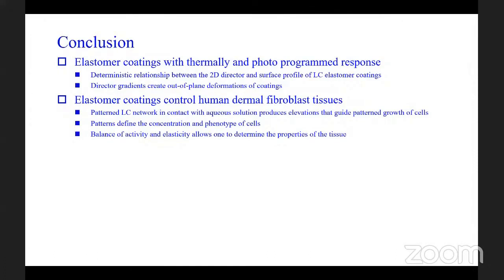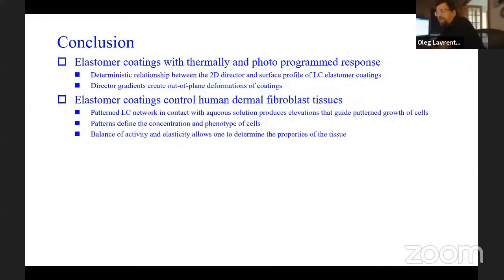And the next question for Professor Lavrentovich. Dear Dr. Lavrentovich, would it be possible to seed and grow cells on the changeable LC surface? Have you tried changing LC orientation and how cell structure reacts? Yeah, exactly. This is what we are trying to do right now. It's the question right on the target. You see, it's very difficult to grow tissues on a substrate that is dynamically changing.